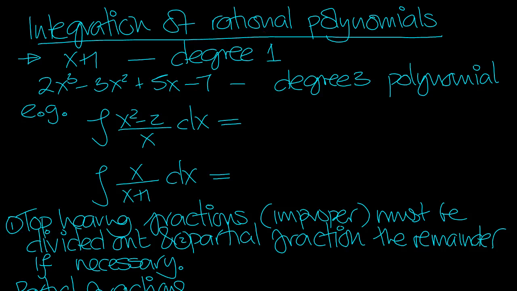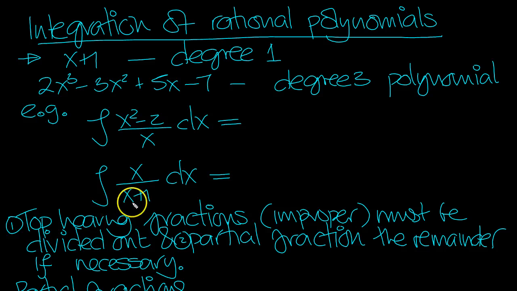So if you think about that as a fraction, the corresponding fraction would be of that nature, and that's an improper fraction, isn't it? So we would talk about these as improper rational polynomials because of the way the powers tell us.